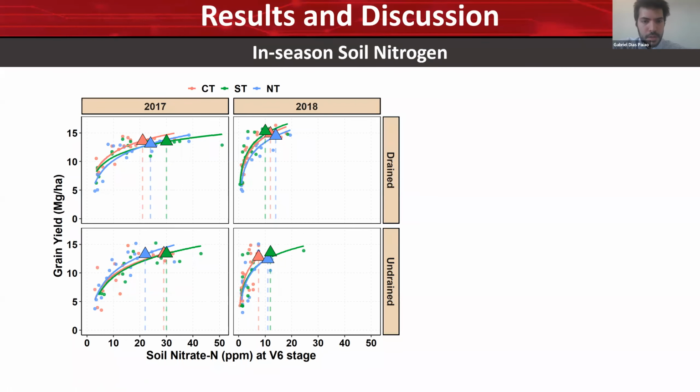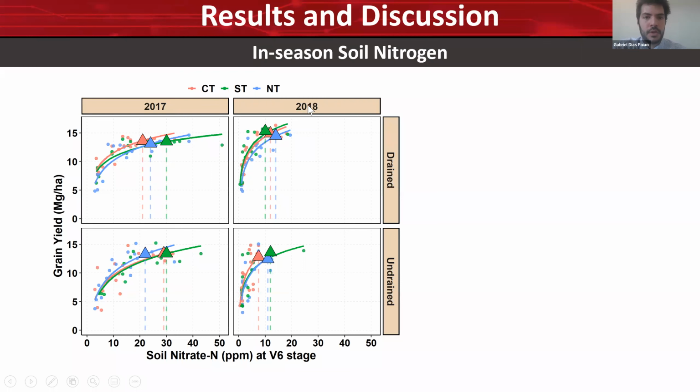The first thing that I'd like to show here is that there were no clear patterns for differences in optimal soil nitrate nitrogen values to optimize grain yield related to the different tillage practices or drained conditions. And I would also like to say that these values changed considerably.